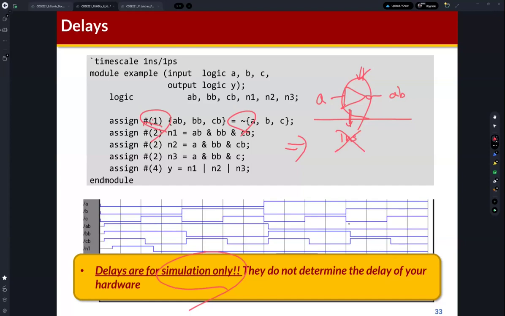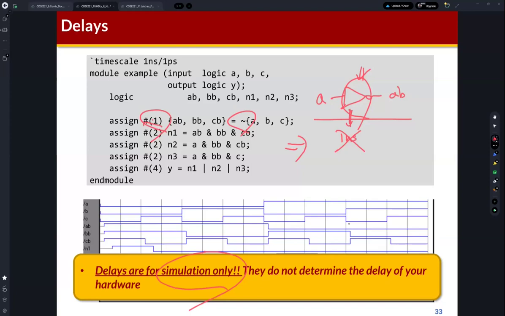So we cannot define the real timing specification of the hardware. Those real timing specifications will be defined by circuit implementation based on the CMOS technology.